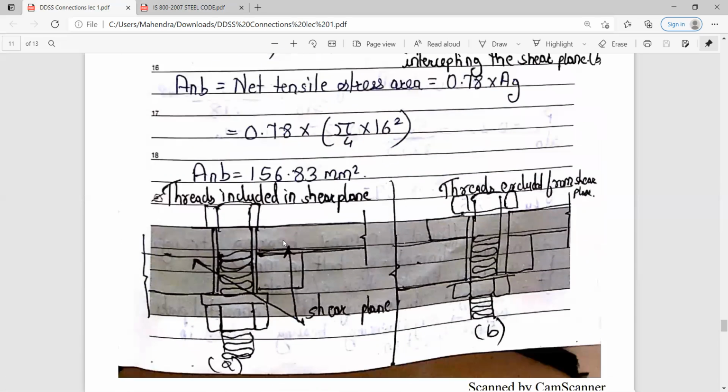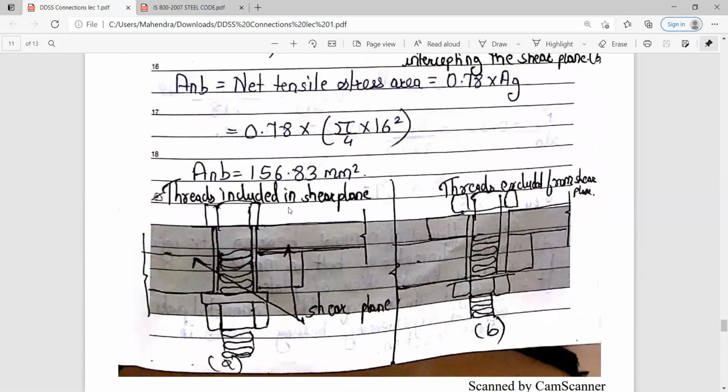As you can see in this particular diagram, this diagram is for the threads included in the shear plane, and this is for the threads excluded from the shear plane.